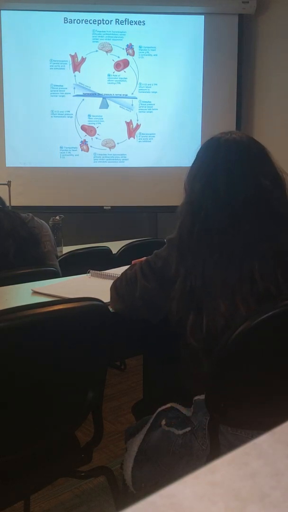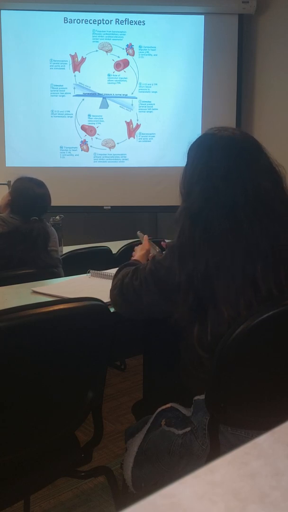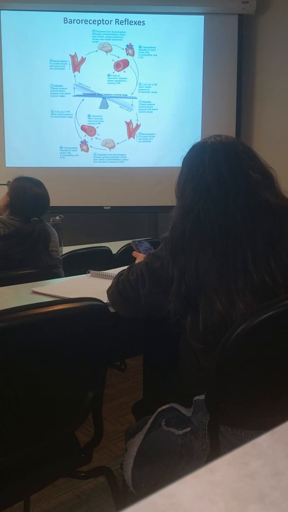Now, think back to semester 1 in the nervous system. What part of your brain contained your cardiac or cardiorespiratory centers? Does anyone remember? Part of your brain stem. So what's the inferior-most part of your brain stem called? The medulla.